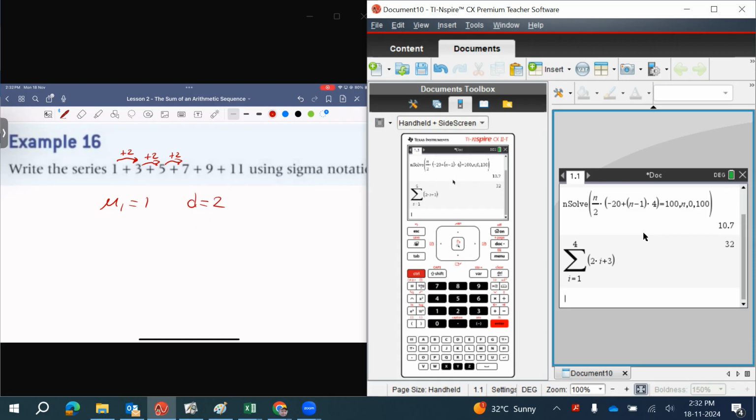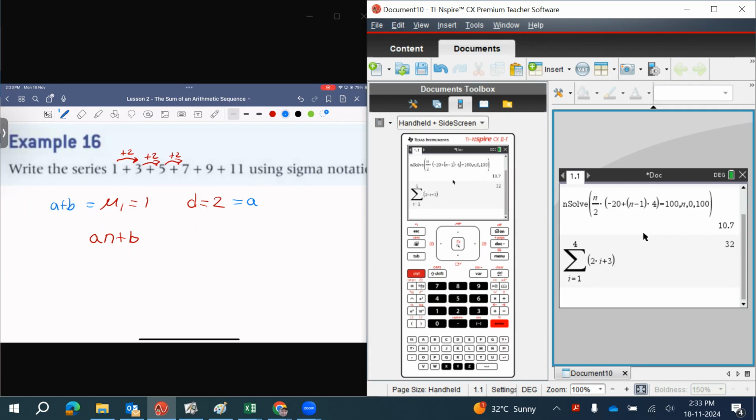Now if you remember when we did it last time, we need one in the form of an plus b. A is always your common difference, and your first term is always a plus b.